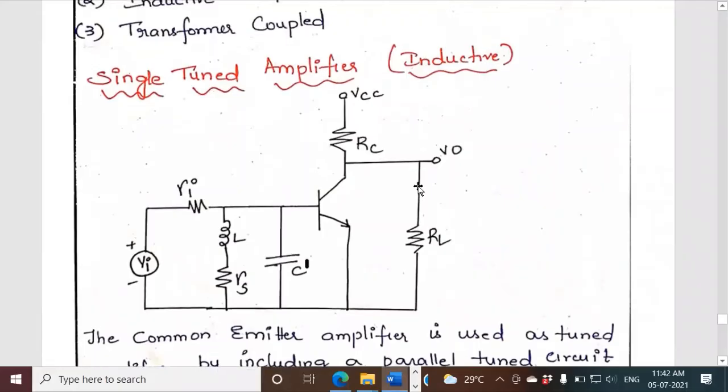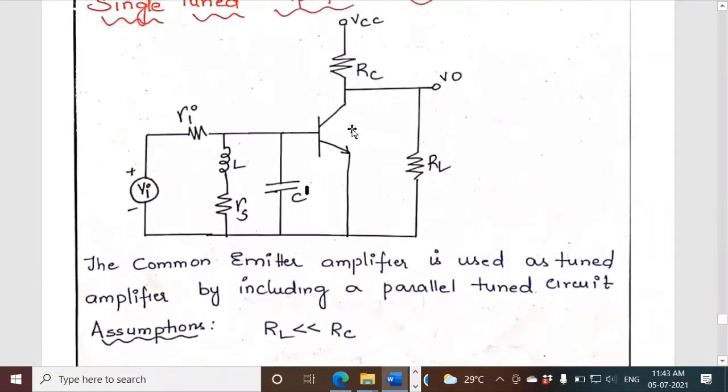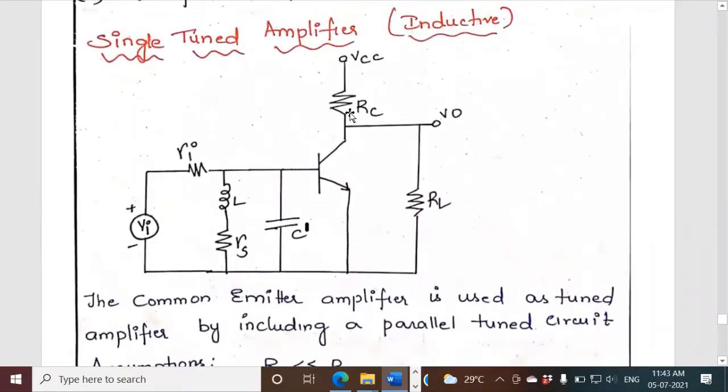Whenever we are dealing with tuned amplifiers, we will deal with high frequencies. Your radio frequencies are your higher frequencies. So we consider the high frequency model of the transistor, also known as the hybrid pi model of the transistor.